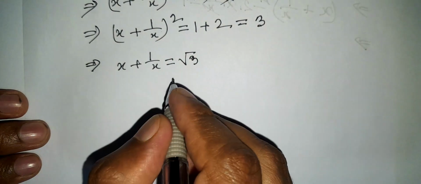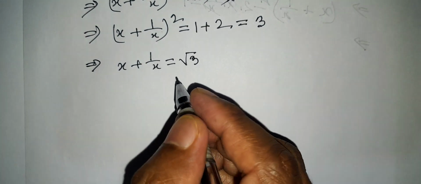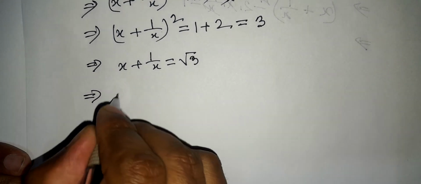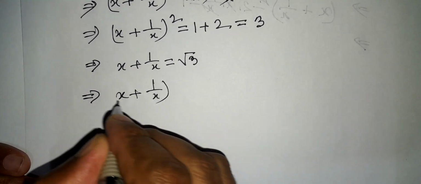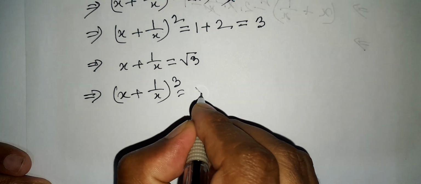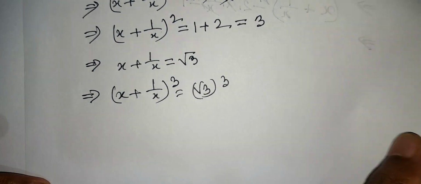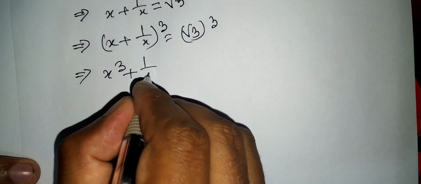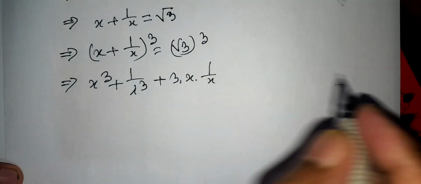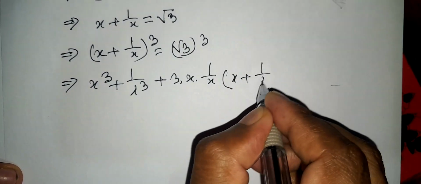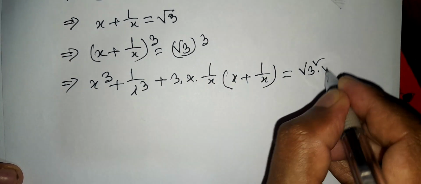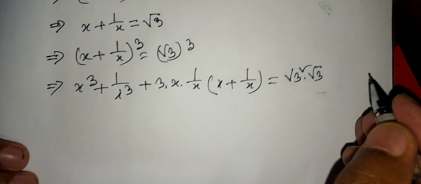Now we can take the cube of both sides: x plus 1 by x all cube is equal to root 3 all cube. We can write x cube plus 1 by x cube plus 3 x into 1 by x into x plus 1 by x equal to root 3 square into root 3.